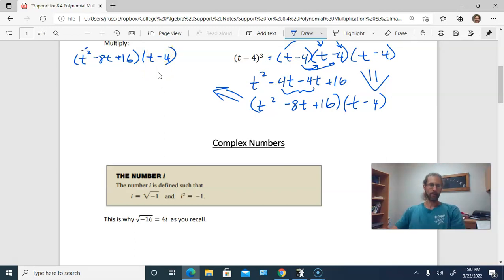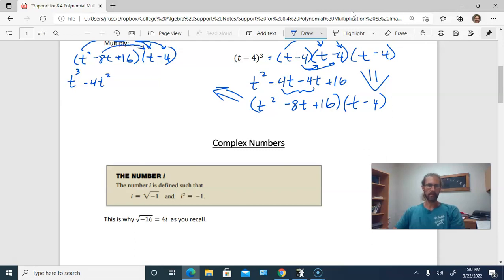So we're going to have t squared times t, which is going to be t cubed, and then t squared times negative 4 will be negative 4t squared, and then let's distribute the negative 8t.